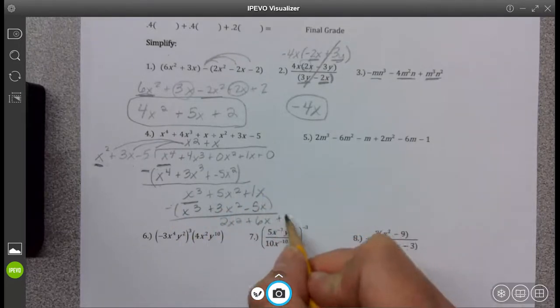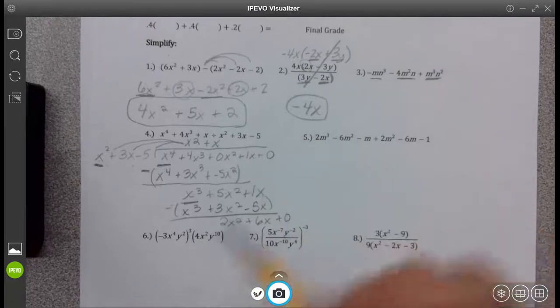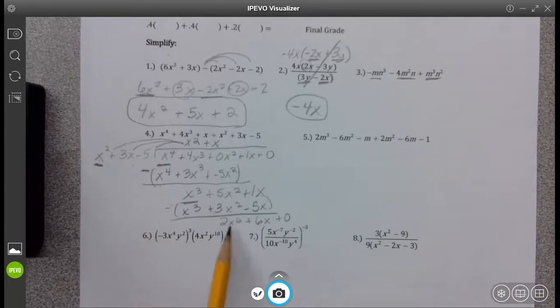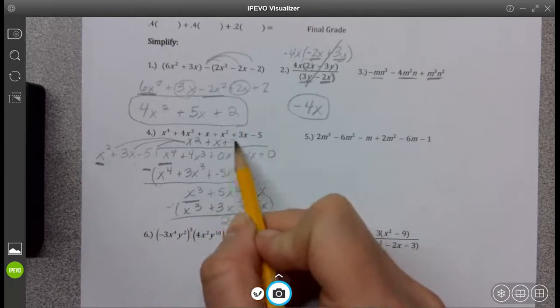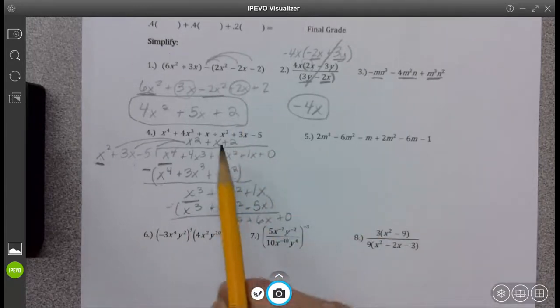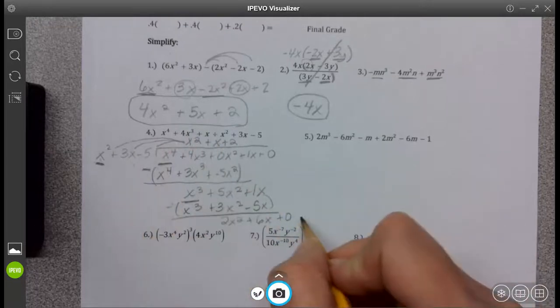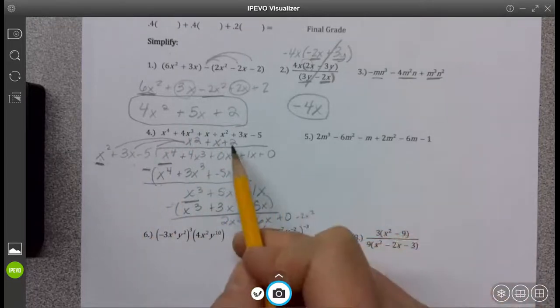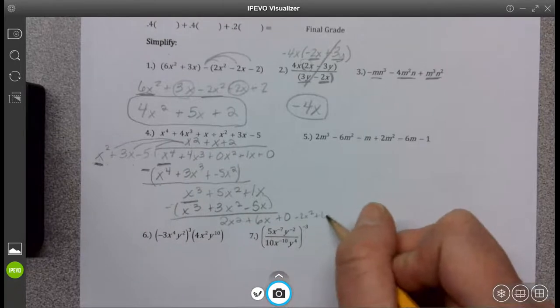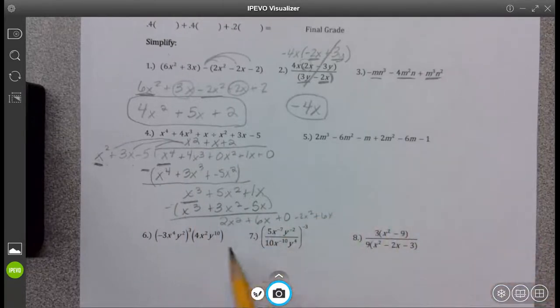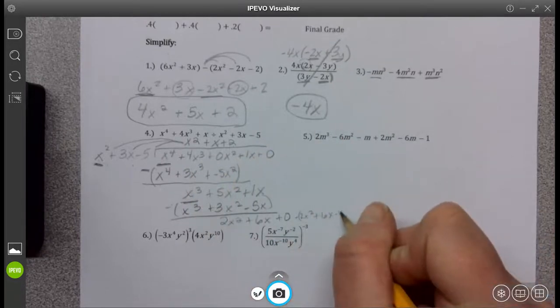Bring down the 0. How do you get from x squared to 2x squared? You need a 2. So when you do that, you're going to get 2x squared, 6x, and negative 10.